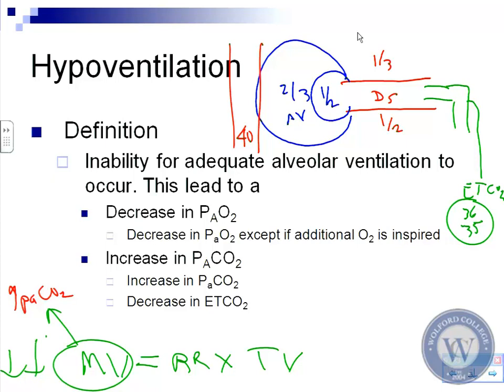So what's going to happen to the CO2 as it comes out into the trachea? It's going to dilute even more. The volume ratio dilutes the actual CO2 tremendously.